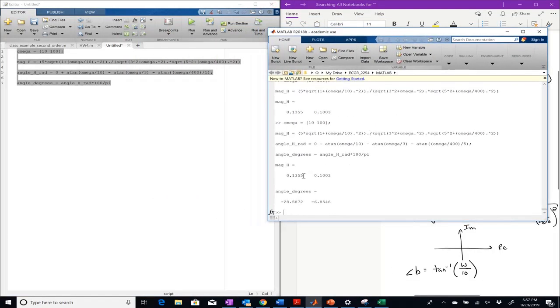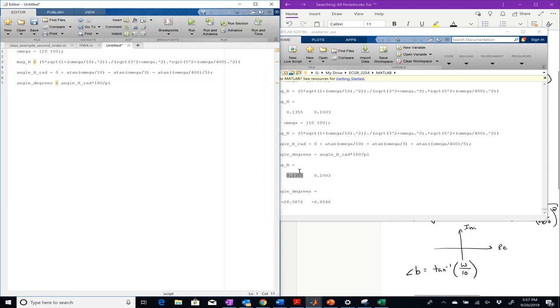Okay, so what I can see, the first entry is the magnitude at omega equal to 10. The second entry is the magnitude at omega equal to 100, and then the angle is similar, right? So the first entry here is the angle at omega equal to 10. The second entry here is the angle at omega equal to 100.